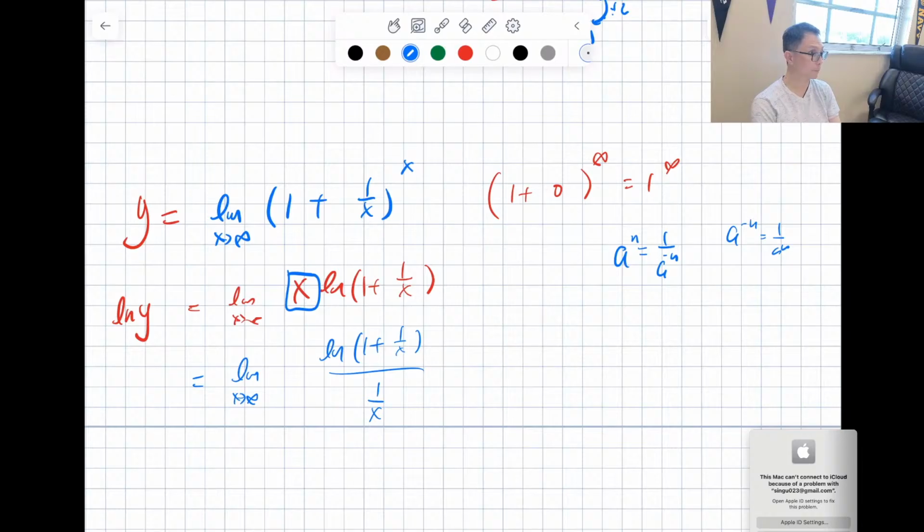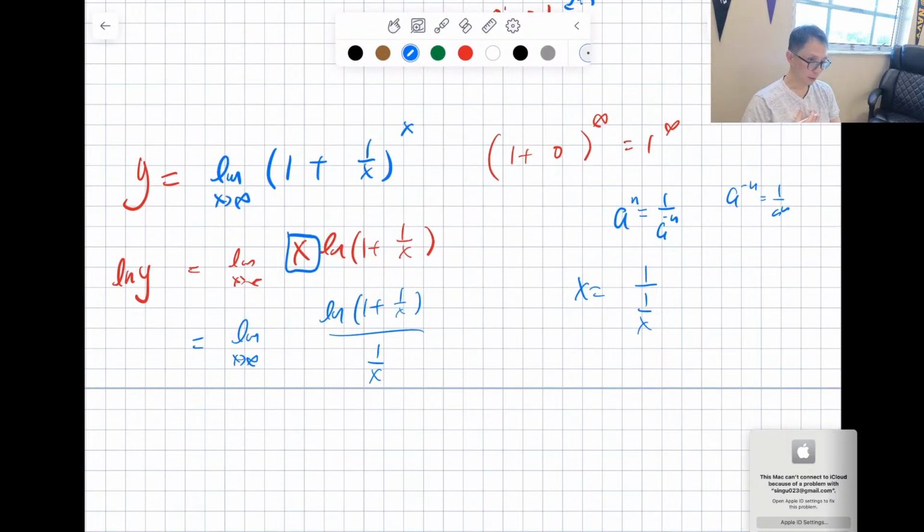Like this. Why? Because x can change to 1 over 1 over x, right? Because the x can move down, it will be x to the negative 1, and x to the negative 1 is 1 over x. X can equal 1 over x to the negative 1. It's 1 over 1 over x, right? Does that make sense?